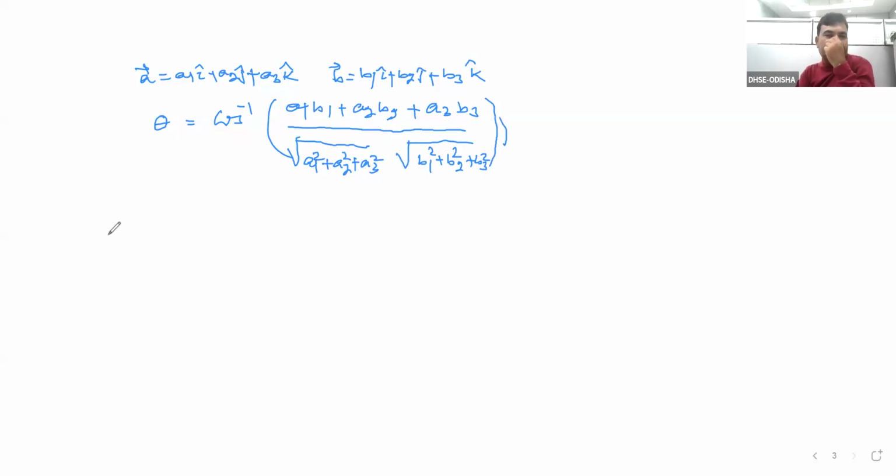This is the formula to find the angle between two vectors if the two vectors are given in component form.